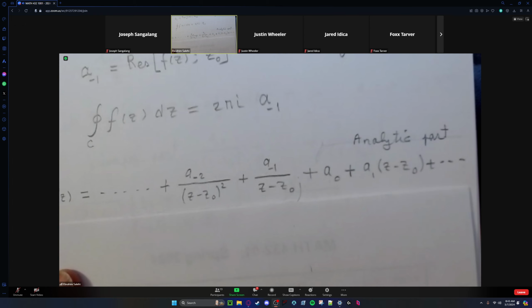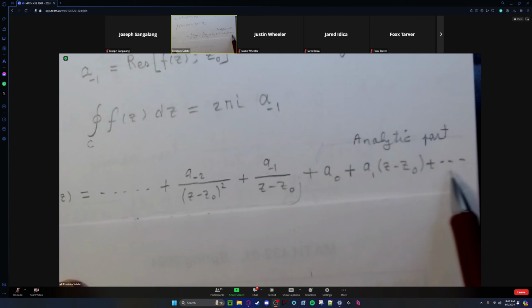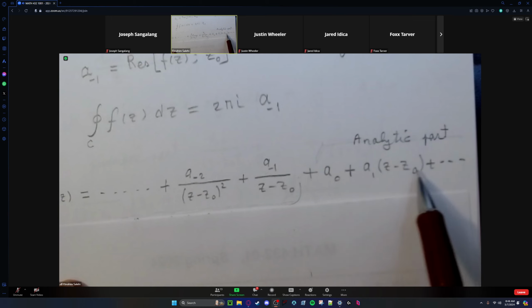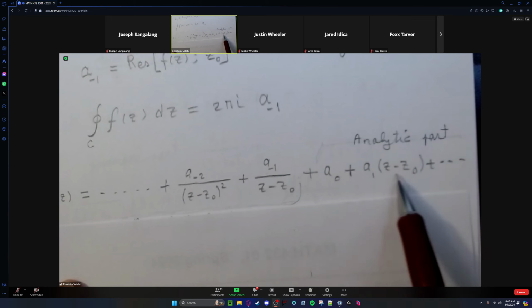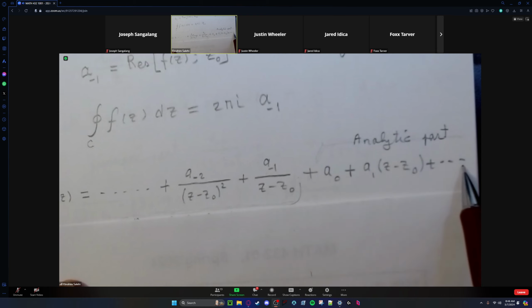Well, I also talked about some sort of naming. From the constant and to the right, all the positive powers of z minus z0, this is called the analytic part.